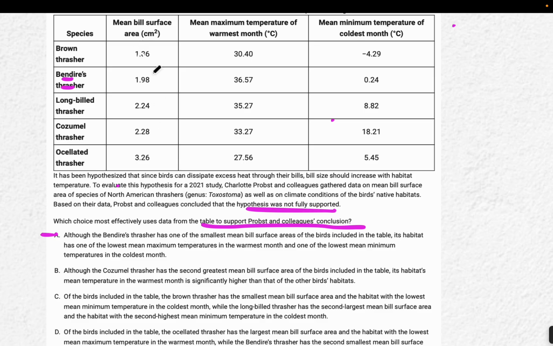Surface area is the smallest for brown thrasher, so one of the smallest. But still, its habitat has one of the lowest mean maximum temperatures. No, this is wrong because it has one of the biggest maximum temperatures, so we cancel out this choice.